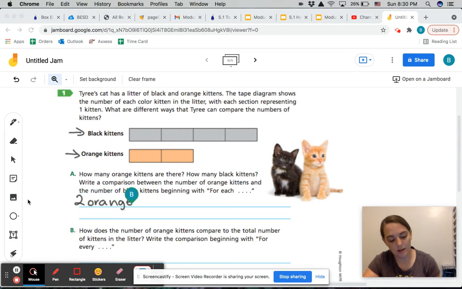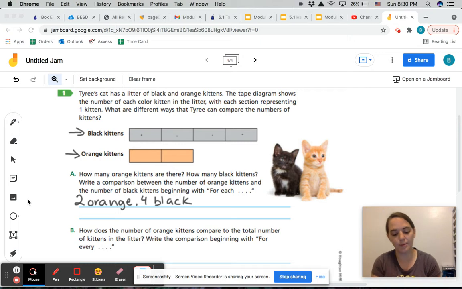How many black kittens? There are 1, 2, 3, 4 black kittens. So there are 4 black.